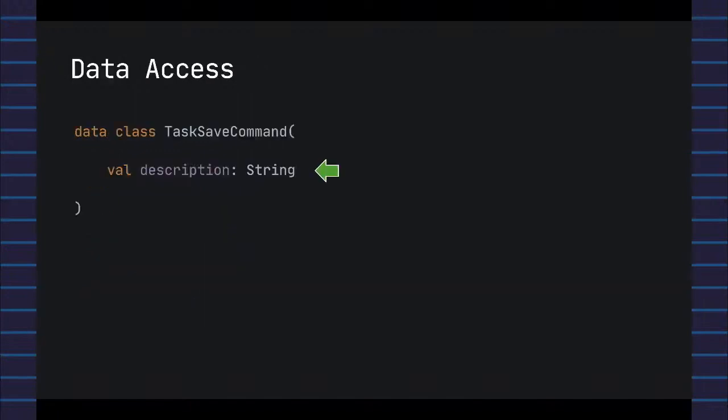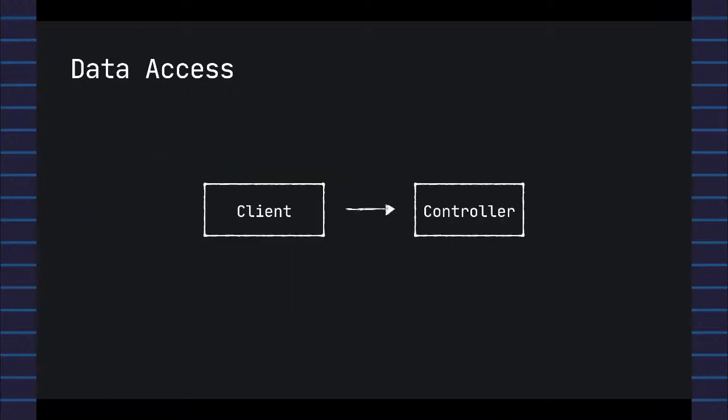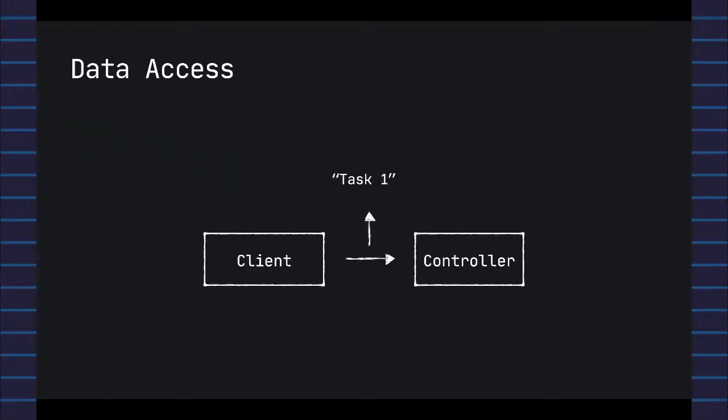What the client gives me, the description that the person wants to create a task for, I could encapsulate that into this data class, a command. And then the client for this particular information could give me a string, or it could give me an empty string.